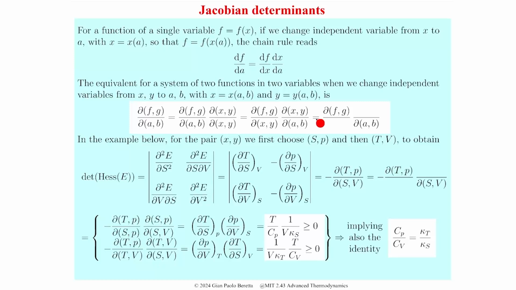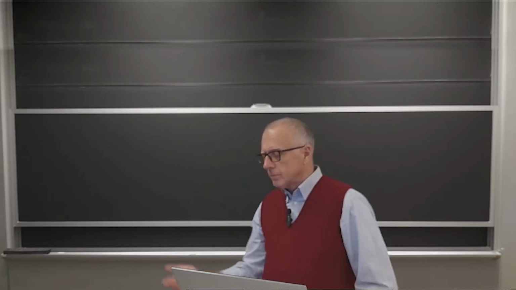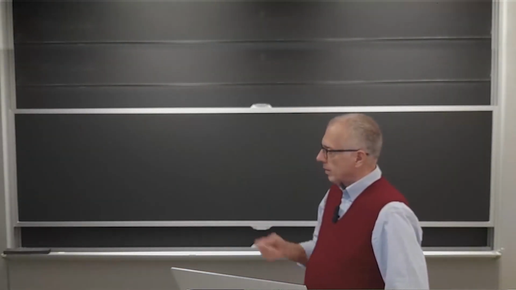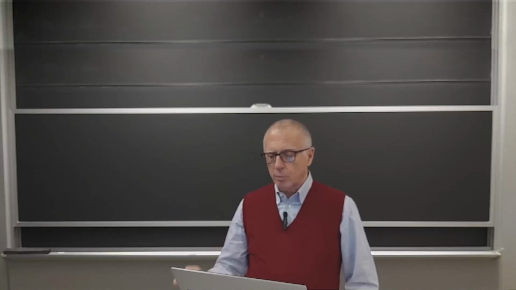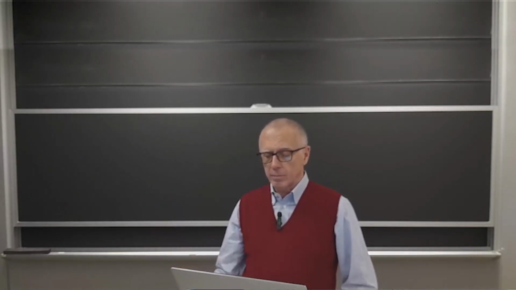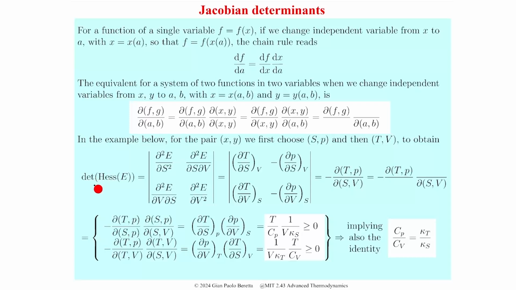Okay. Let's give an example that brings us to a useful identity for two properties that are among the list that we have seen are measurable. So take the determinant of the S matrix of the fundamental relation with respect to entropy and volume.